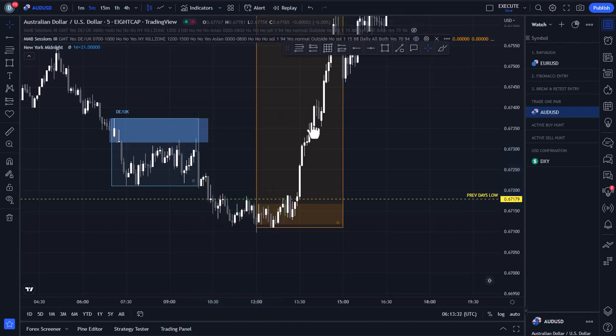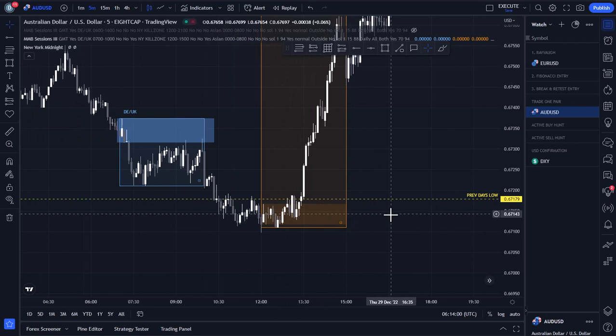And then for the New York session, we are seeing that price has mitigated the previous day's low, and then it's consolidating. So this whole time from somewhere around 10:30 all the way to maybe 12, almost 1, price is around the same place.